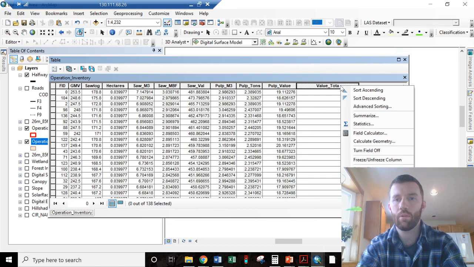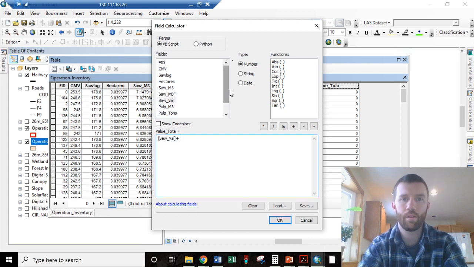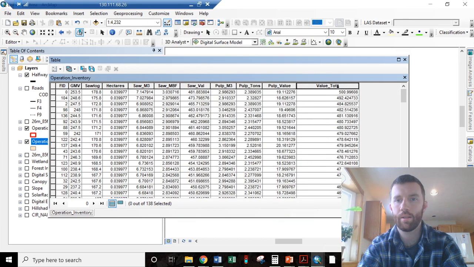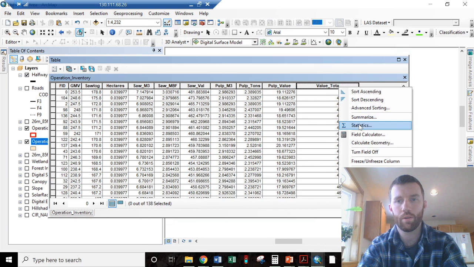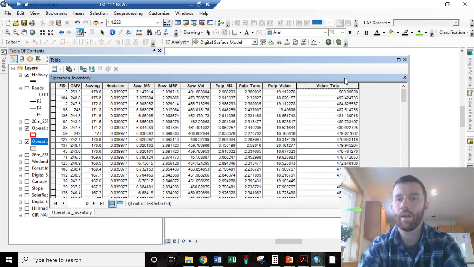So now right click, field calculator, and the total volume is just going to be the saw log value plus the pulp value, which altogether makes that. And let's find out what our total is. That's $58,132.83. So all that is a pretty penny, and that is what it is all worth.